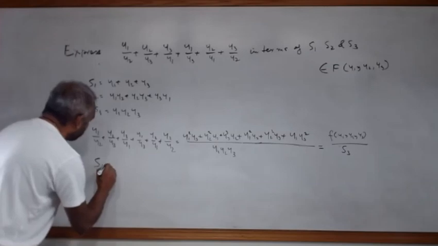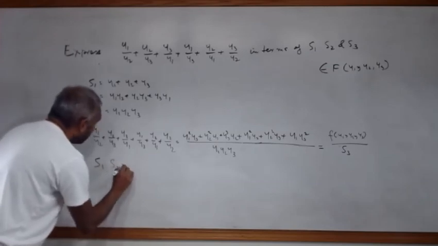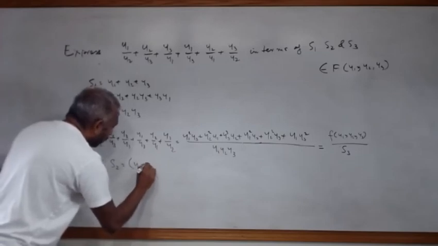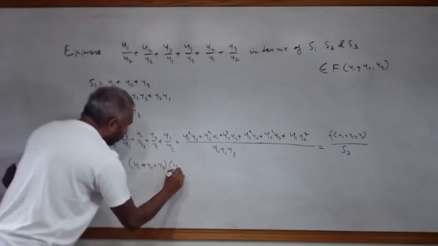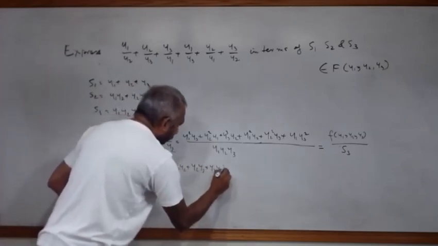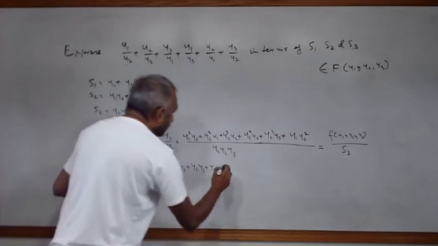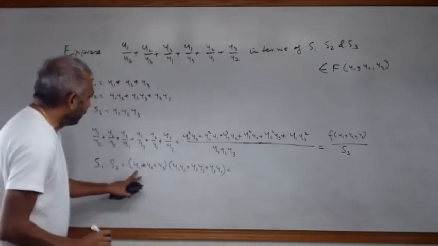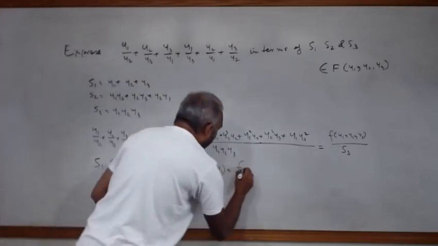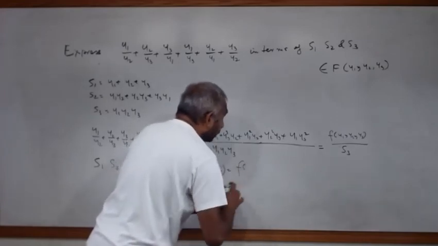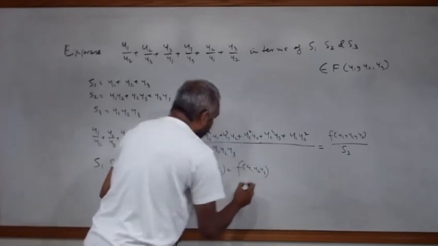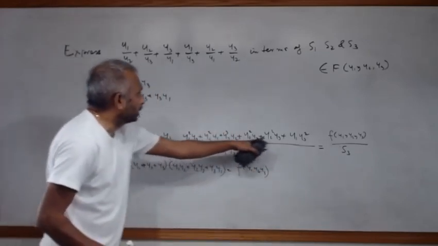So S1 times S2 is equal to y1 plus y2 plus y3 times y1 y2 plus y2 y3 plus y3 y1. If you expand this one, you get y1 square y2 etc.